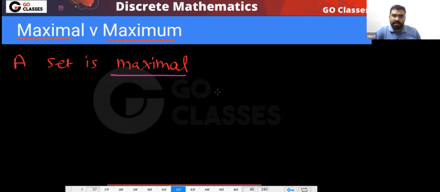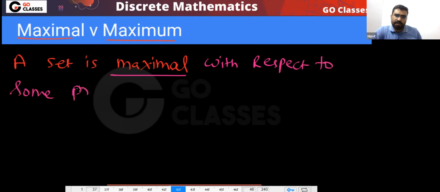A set is maximal with respect to some property P. What does it mean? There is some property P. So when can I say this set is maximal?